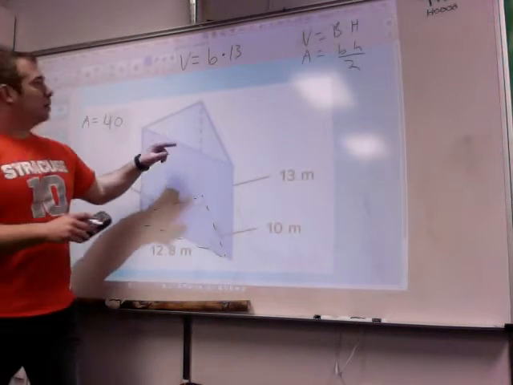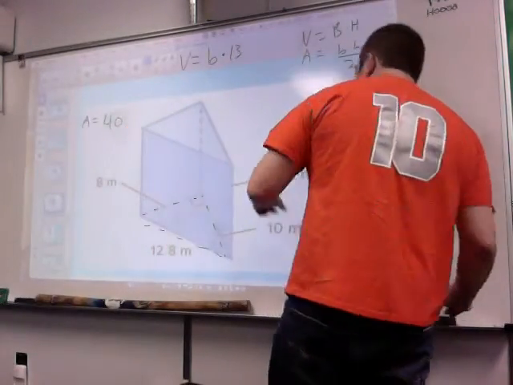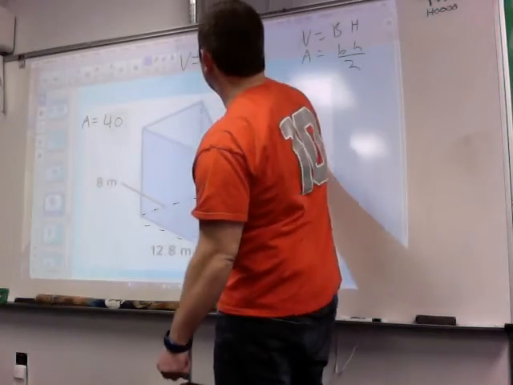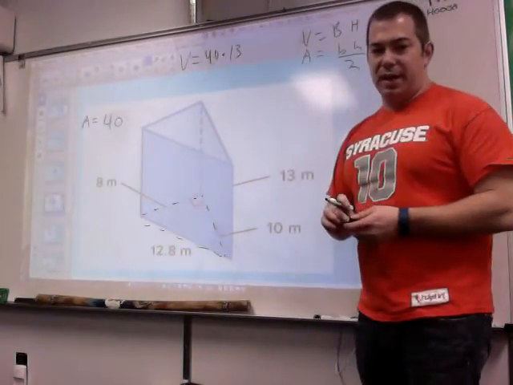So, to find the volume of the triangular prism, my base was 40 and my height was 13.